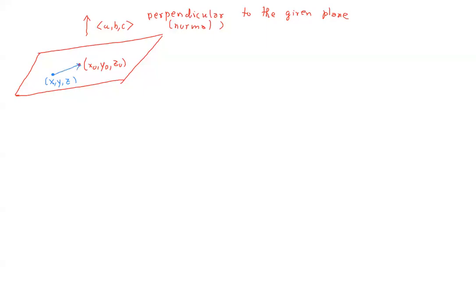If we take the vector that originates at the point x naught, y naught, z naught, and terminates at the point x, y, z, then this vector has coordinates x minus x naught, y minus y naught, and z minus z naught, and has to be perpendicular to, orthogonal to, the vector ABC.